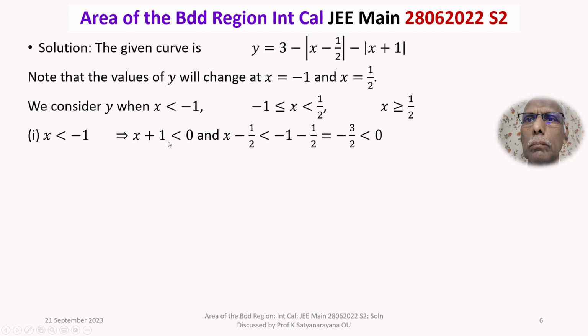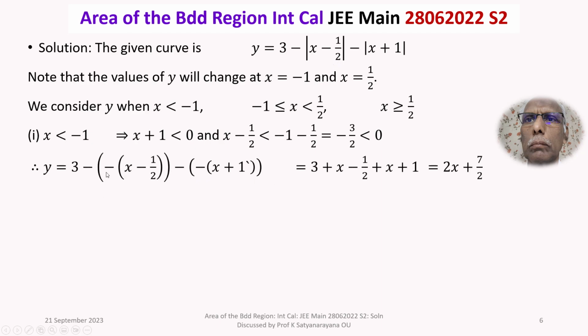So both x plus 1 and x minus 1 by 2 are negative. Therefore, replace mod of x plus 1 by minus of x plus 1 and replace mod of x minus 1 by 2 by minus of x minus 1 by 2. Now simplify and we will get y equals 2x plus 7 by 2.